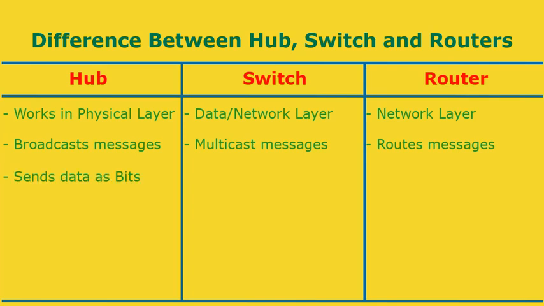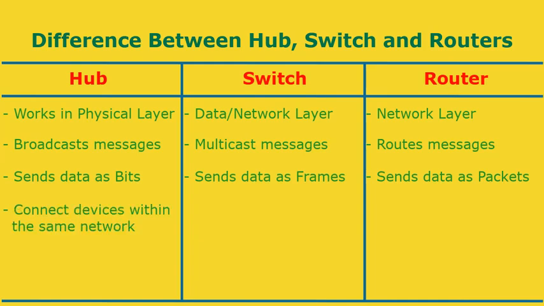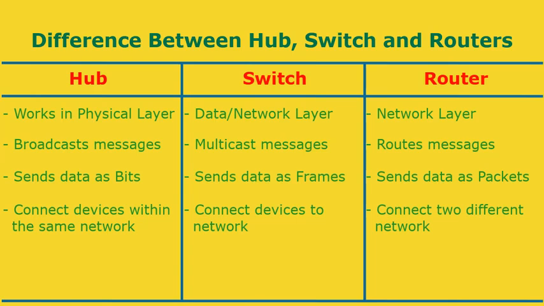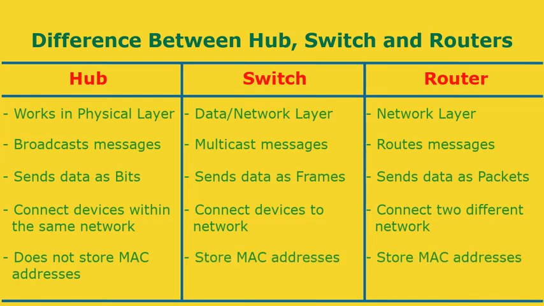A hub sends data in bits, a switch sends data in frames, and a router sends data as packets. A hub is used to connect devices within the same network. A switch is used to connect devices to a network, while a router is used to connect two different networks. A hub does not store MAC addresses locally, while both switch and router do store the addresses.